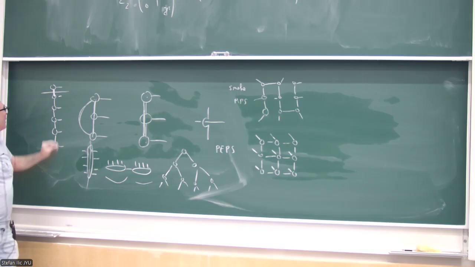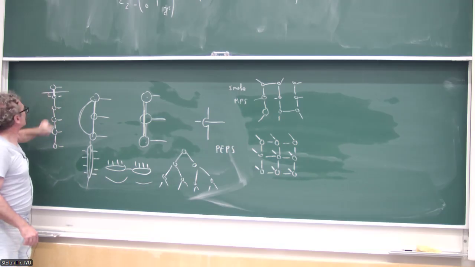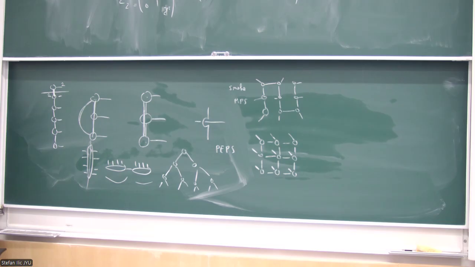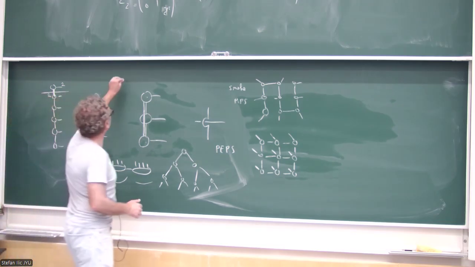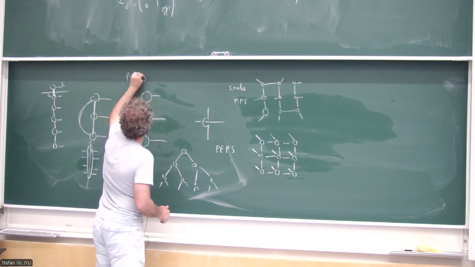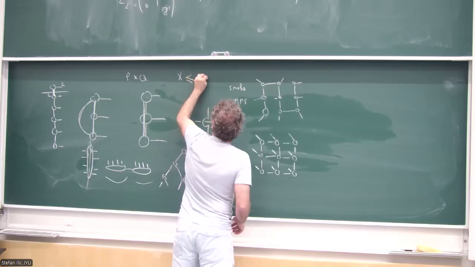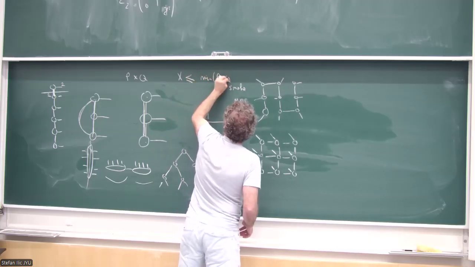The rank here is at most 2, because this is a 2 times something matrix, and the rank of a 2 times something matrix is at most the minimum of the two sizes. So if you have a matrix which is P times Q, its rank is at most the minimum of P and Q.